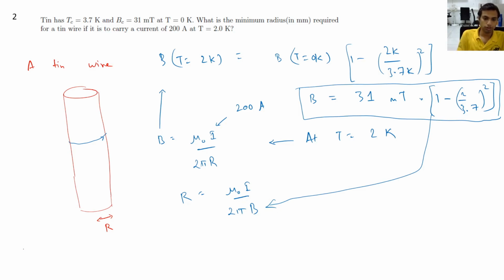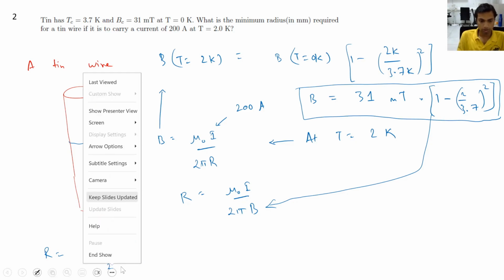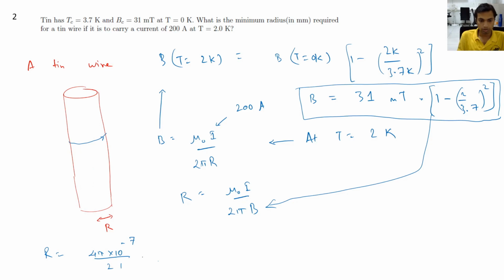So R is equal to mu naught, which is 4 pi into 10 to the power minus 7, divided by 2 pi, into I, which is 200, divided by B, which is 31 millitesla, that is 31 into 10 to the power minus 3, times 1 minus 2 over 3.7 whole square.